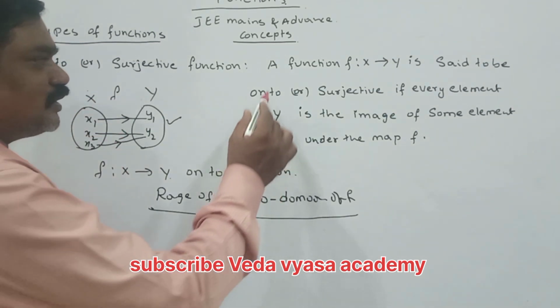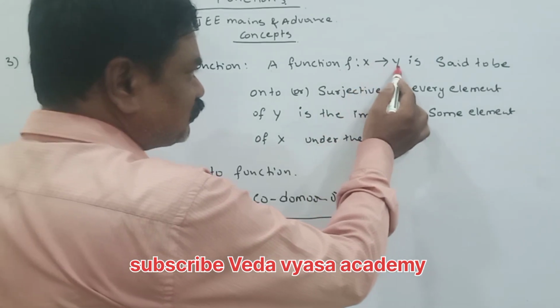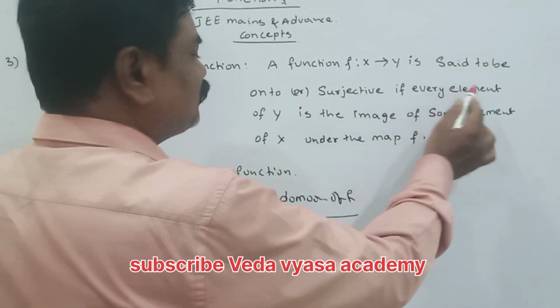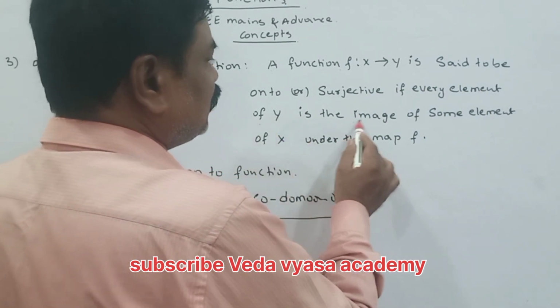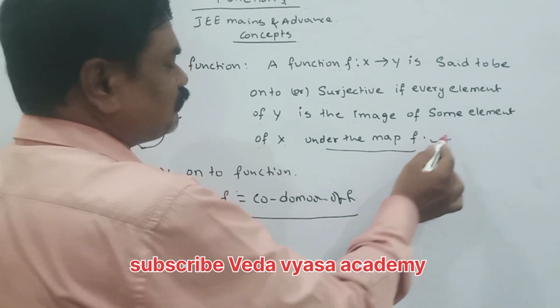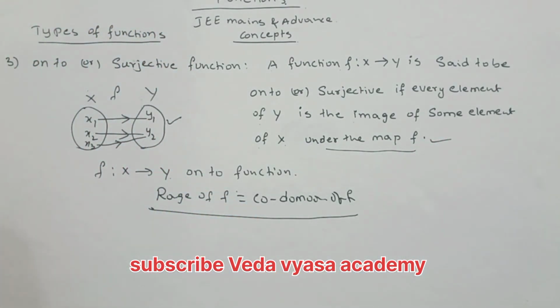Once again, the definition: a function f: X to Y is said to be onto or surjective if every element of Y is the image of some element of X under the map of f. So, this is the onto or surjective function.